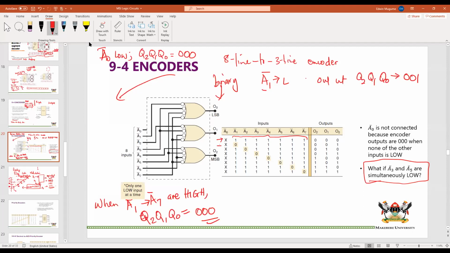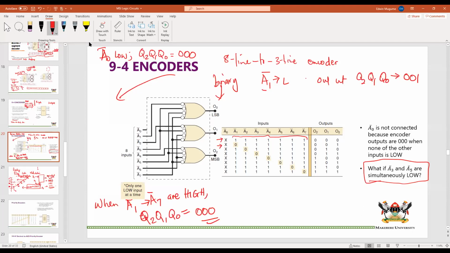Now for the next scenario, A1 is low, which means it is in its active state. But the others all need to be high, because if you have some others low, then you have a problem. Usually at the input of the encoder, only one is active, all the others are inactive. This is opposite to the decoder, where at the output, only one is in its active state, so that it decodes what is at the input.